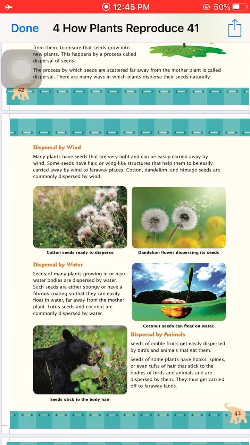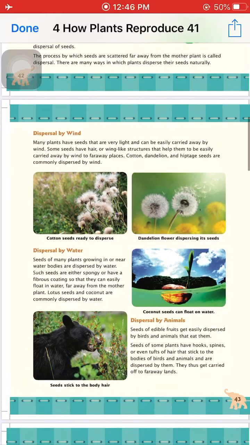These types of plants carry seeds that are spongy and have a fibrous coating so that they can easily float in water, far away from the mother plant. The seeds present in water or near water bodies are coconut and lotus seeds.